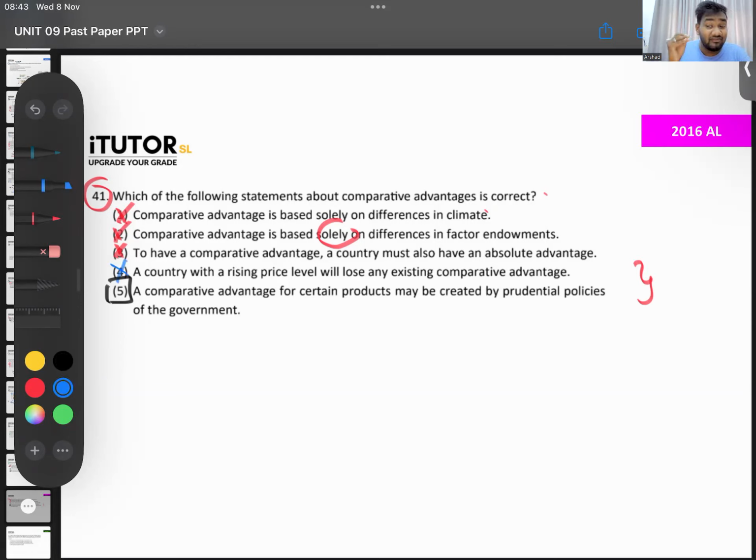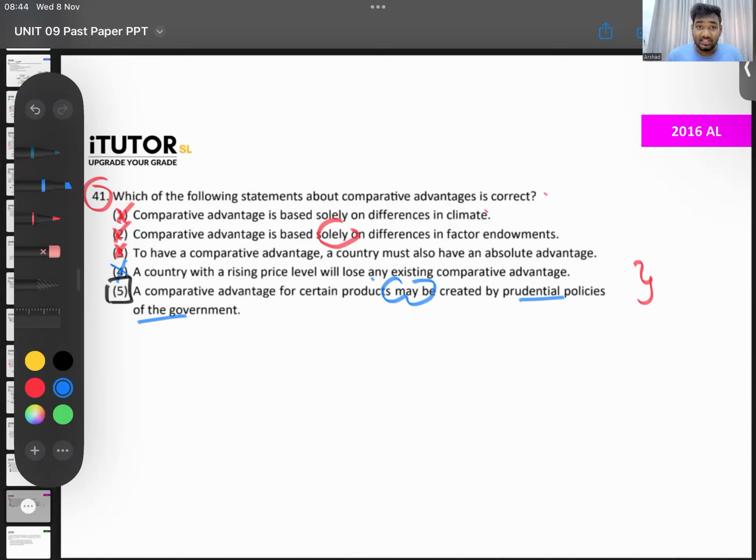Now see how they have worded number 5. Comparative advantage of certain products may be created. They are not saying always will be created. May be created by prudential policies of the government. So what are these policies? For example, our Sri Lankan government gives subsidies for our garment industry, like MAS, Brandix, because they are exporters.